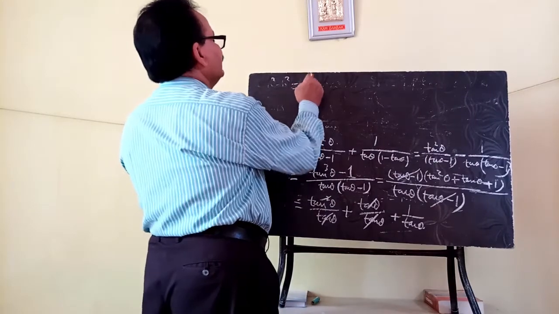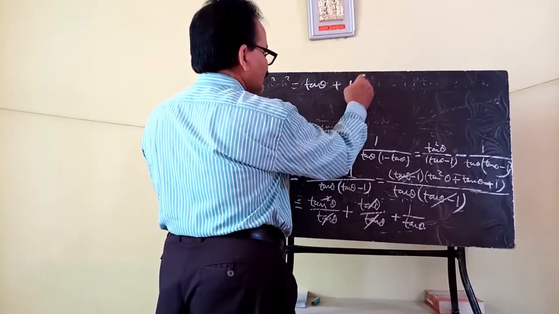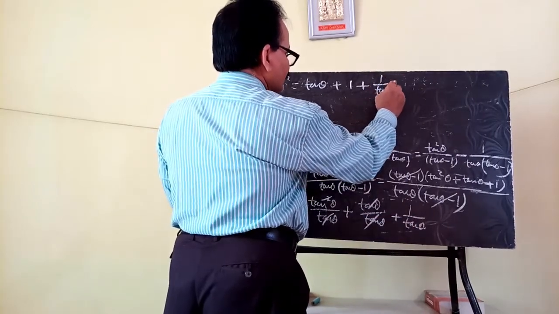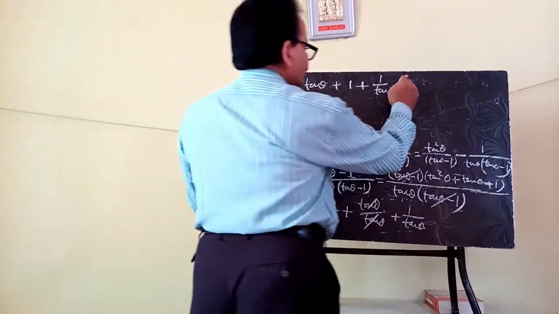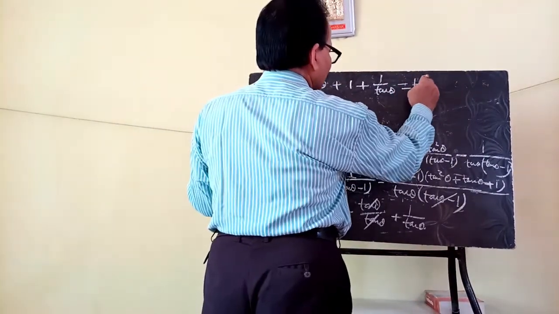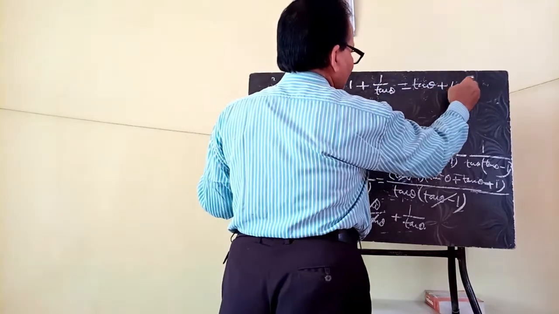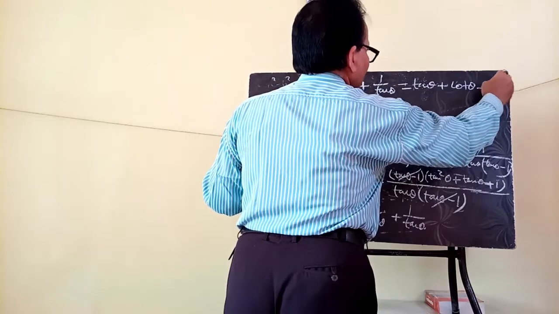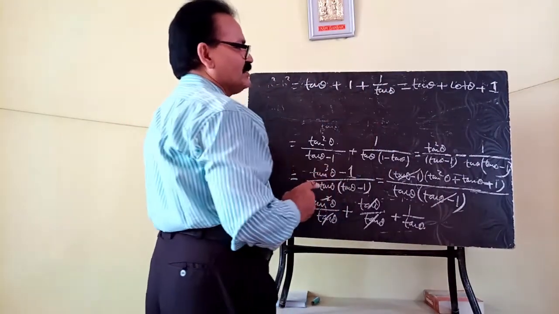Only tan theta will be left, then plus 1, then 1 by tan theta after simplification. You just rearrange: 1 by tan theta is cot theta, and this is plus 1. So you have reached up to this.